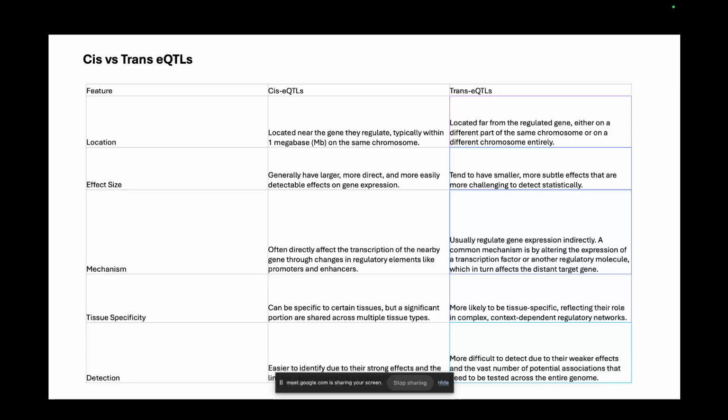And in terms of mechanism, cis eQTLs, since they are present so nearby, can directly affect transcription of the gene through changes in regulatory elements like promoters and enhancers. Say, for example, you have a variant in the promoter region of a particular gene.